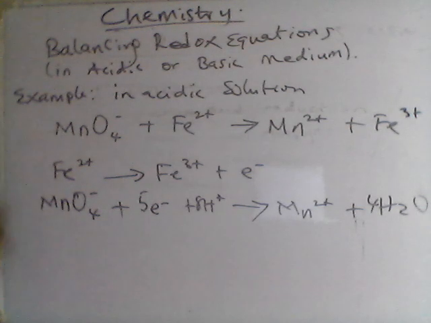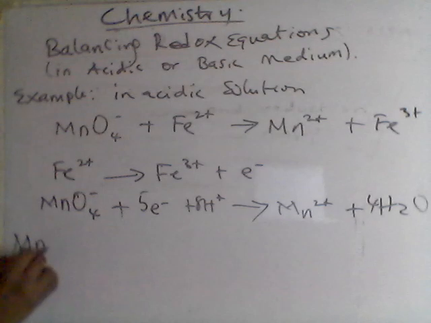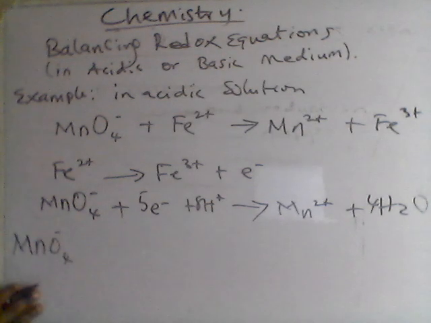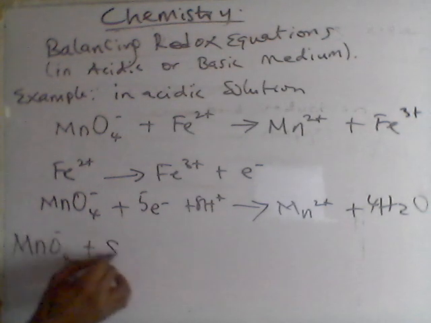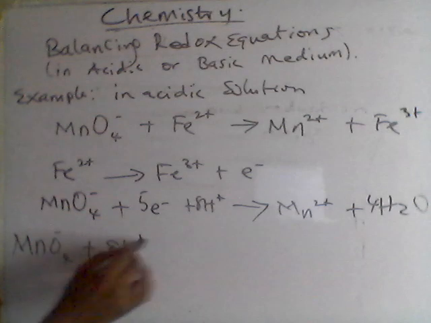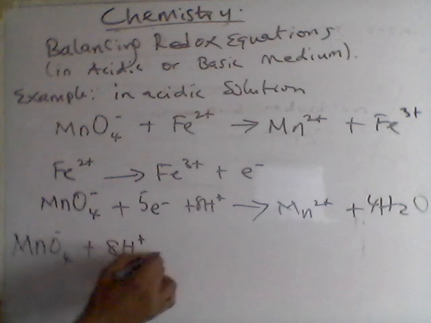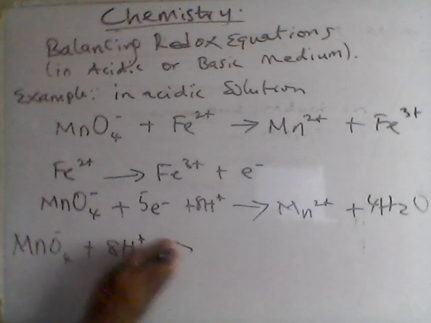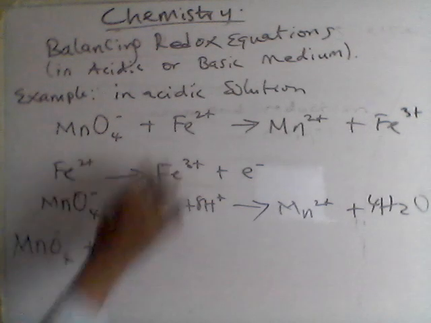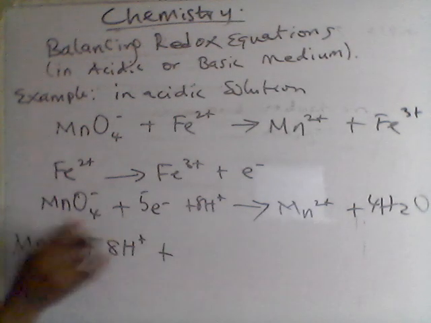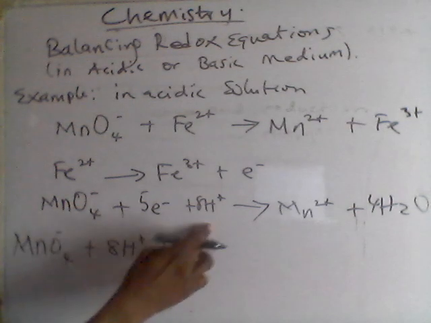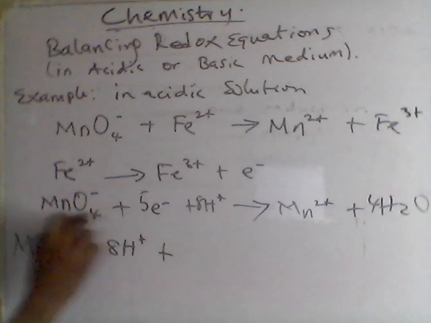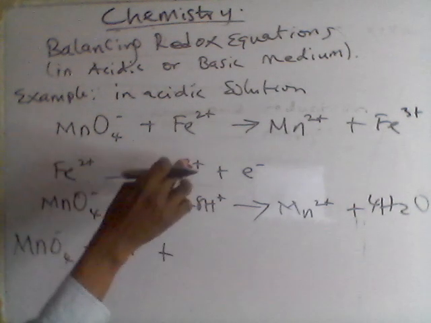So this final equation here will now be manganese 4 oxide plus hydrogen will give us, okay, we're adding this. So look at what we are doing. This and this, this and this, and plus this.